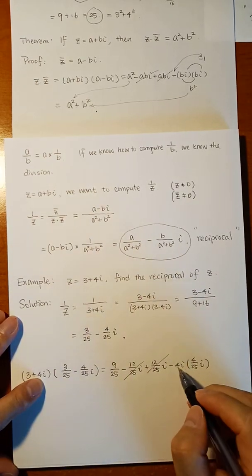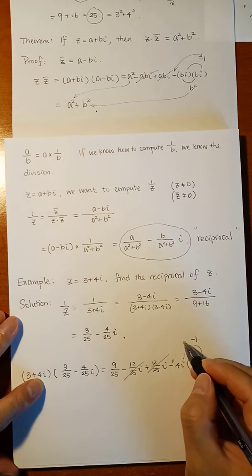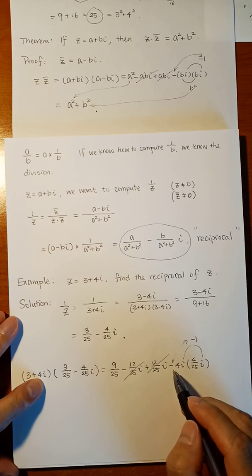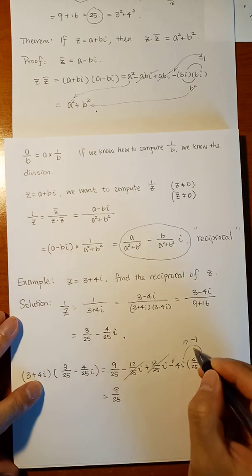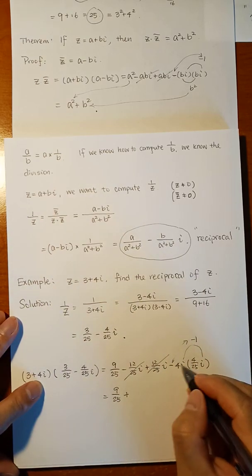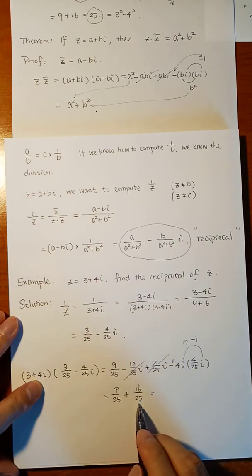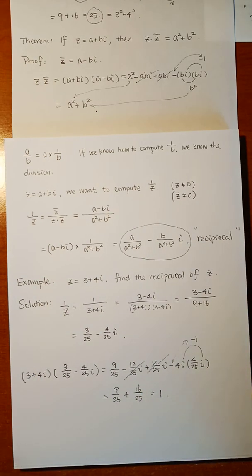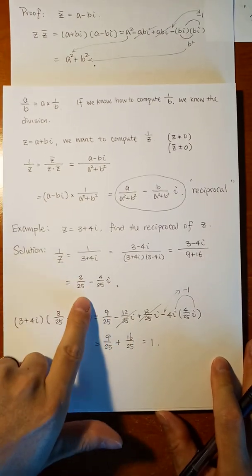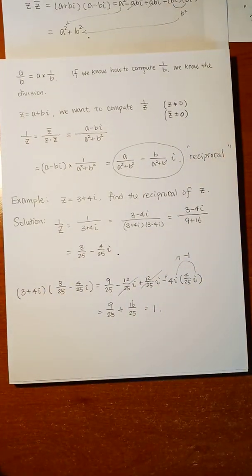These two terms cancel. i squared is negative 1, so the two negative signs cancel, and 4 times 4 is 16, so plus 16 over 25. Well, 9 over 25 plus 16 over 25 is 25 over 25, which is equal to 1. See? What we found is exactly the reciprocal. Reciprocal just means the product is equal to 1.